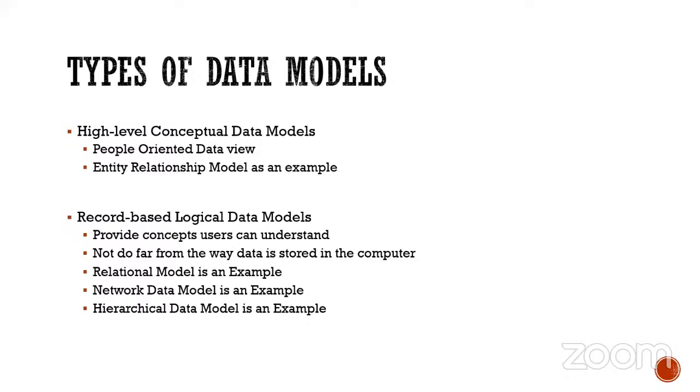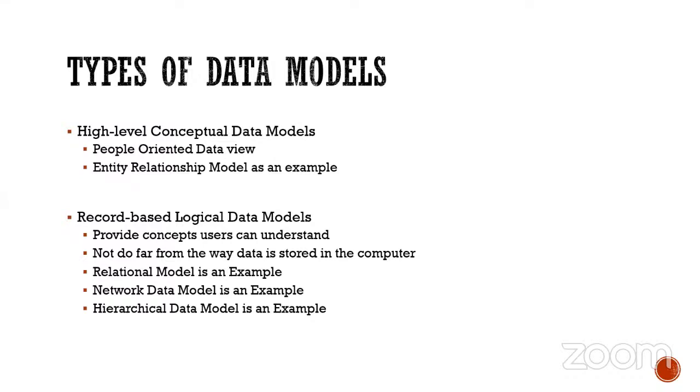We are referring to such a data model as an entity data model. As a result, such a data model type is classified as a high-level conceptual data model, such that people can actually understand it because it's a people-oriented data view.